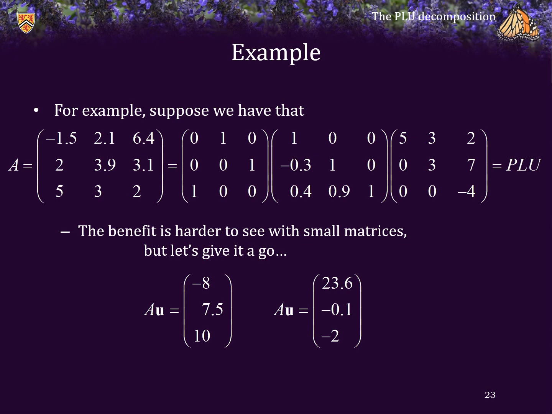So let's give it a go. Let's solve A times an unknown vector U for the target vector -8, 7.5, and 10, and then we'll do it again for the target vector 23.6, -0.1, -2.